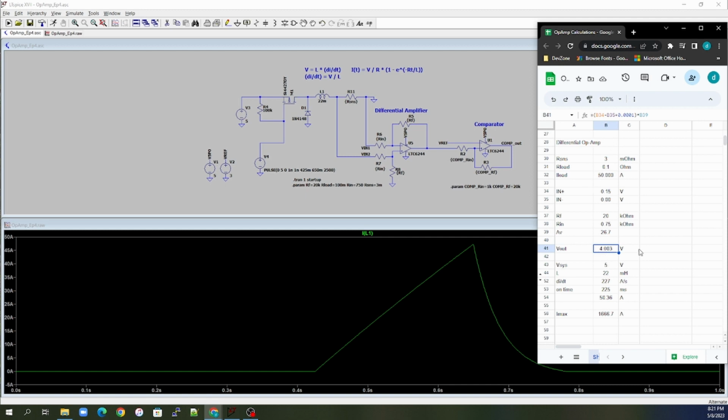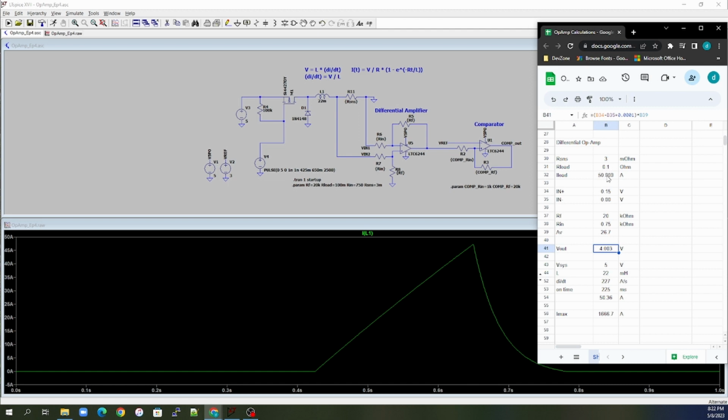So we have to modify our differential amplifier a little bit so that our output voltage will max out at just over 3 volts when we hit 50 amps, because we know that when we cross over the V reference point, our comparator out will trigger. So we want our V out at 50 amps to be 3 volts or very close, just over that.